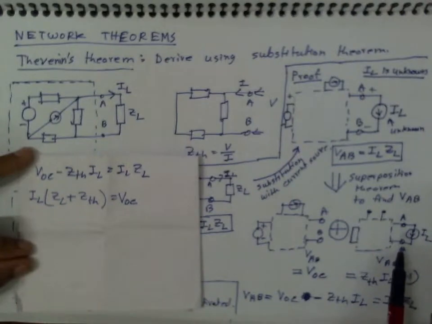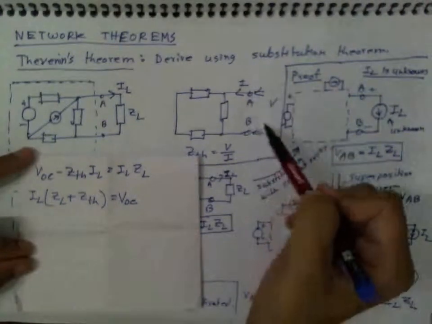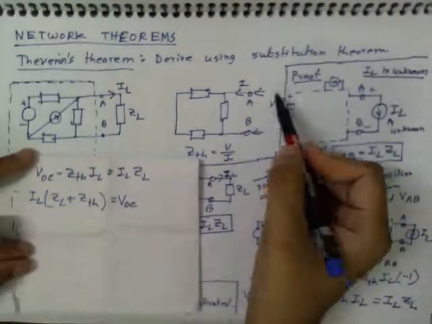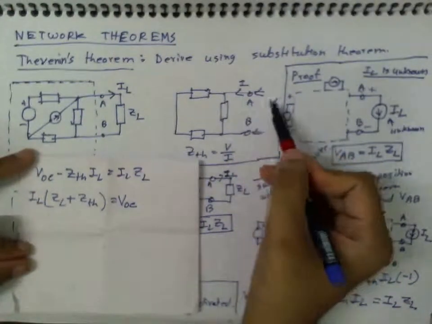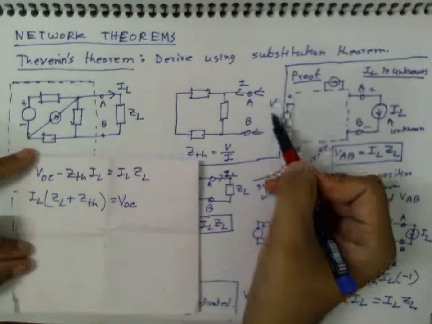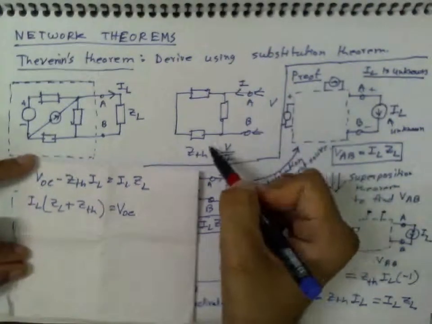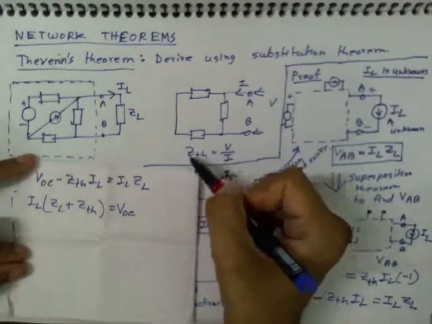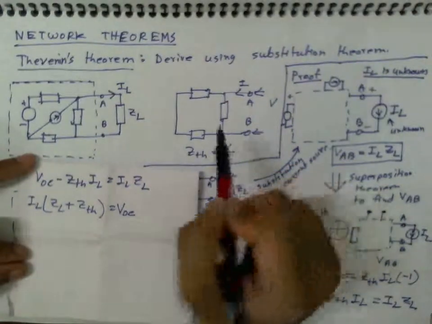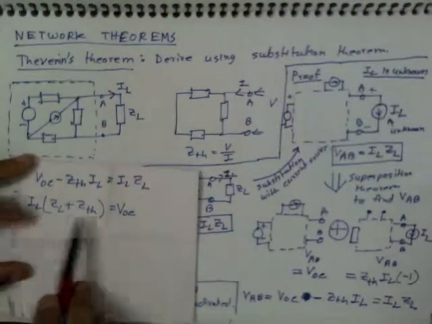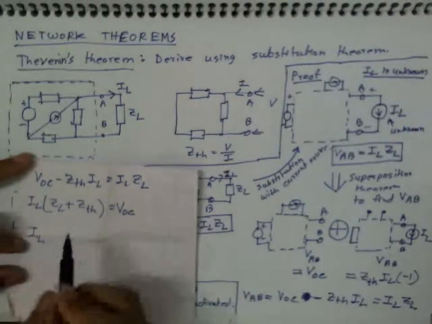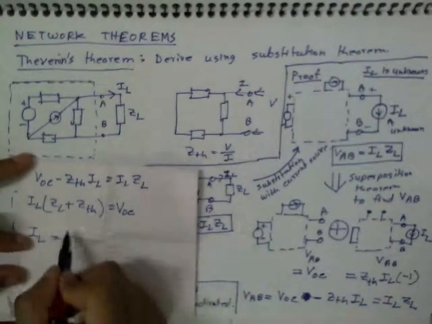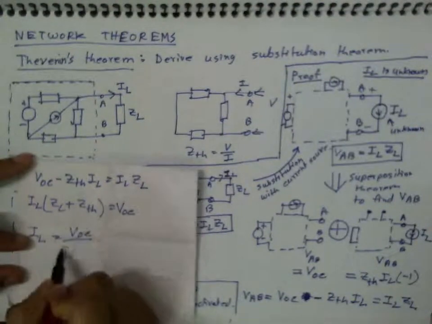Or in other words, if we pass a current I, and the voltage that appears is V, then we call this V by I as ZTH. Okay, cool. So IL is the unknown. We write it as this.